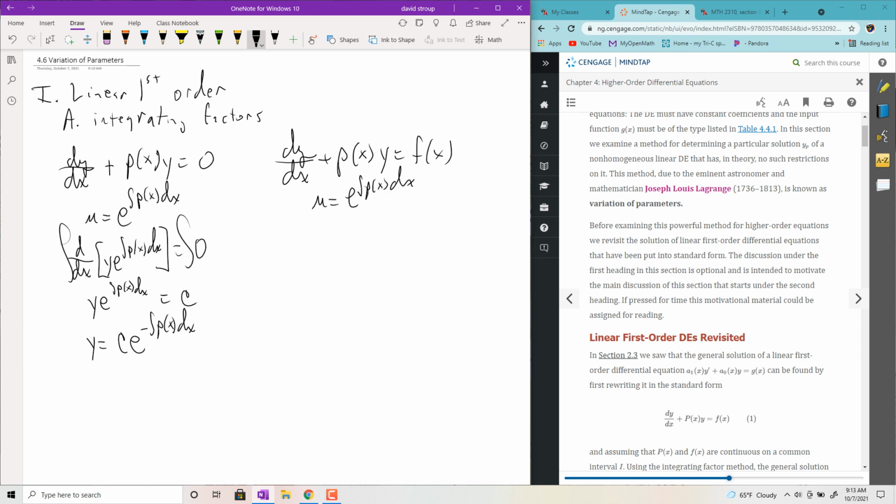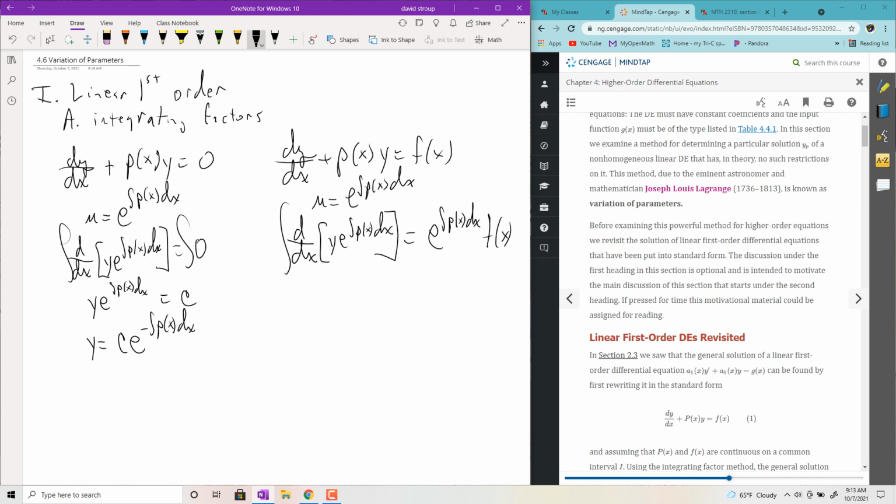This is really the only part that's exactly the same. Multiply through on the left again, you're collapsing. That part's the same. So you get y e to the integral of p of x dx. But on the right, you have to multiply by that e to the integral of p of x dx. And then you have f of x.